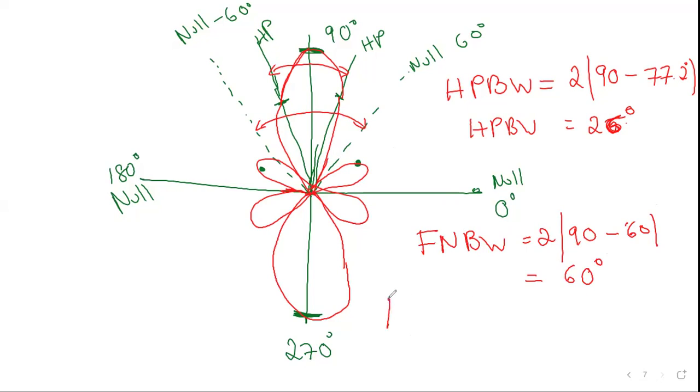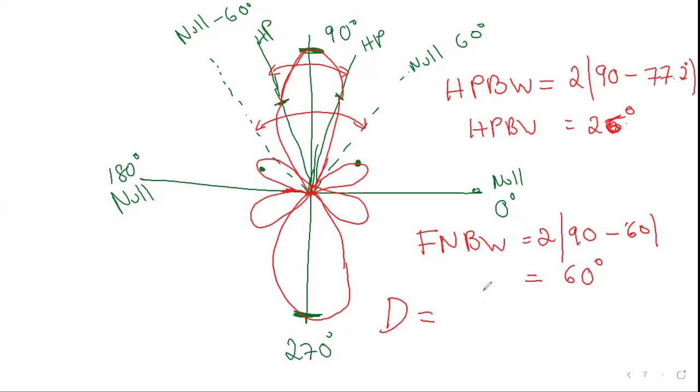And now for directivity, in the case of broadside, please remember, this is the broadside array because we have fed them equal amplitude and equal phase. Equal phase we have fed.